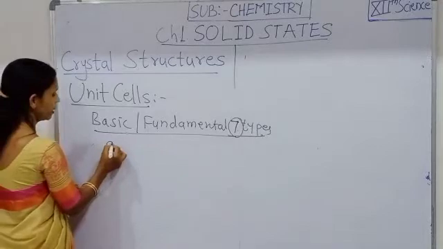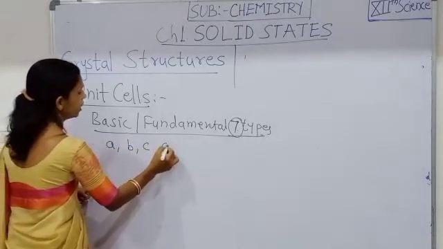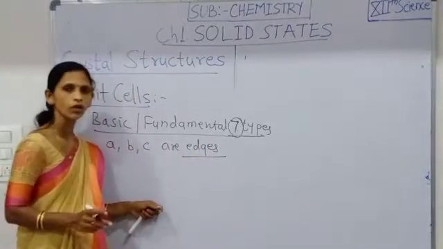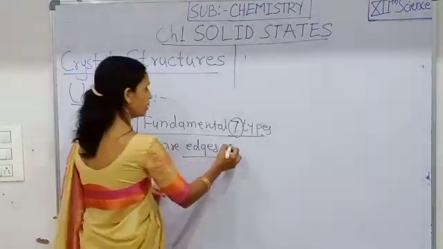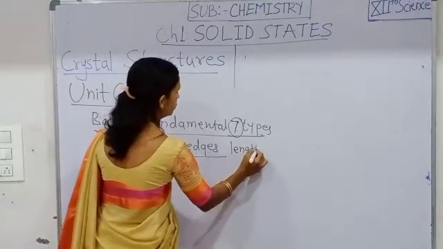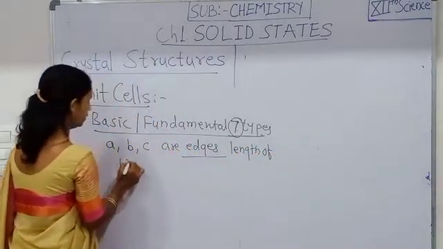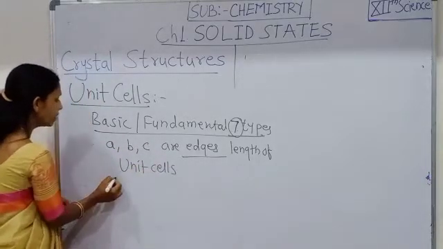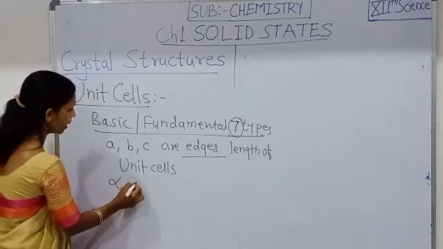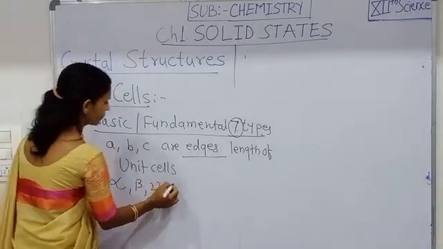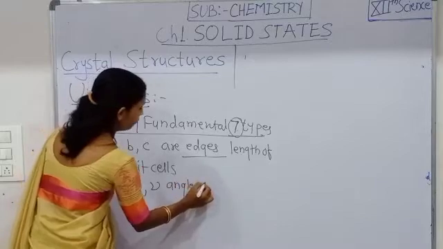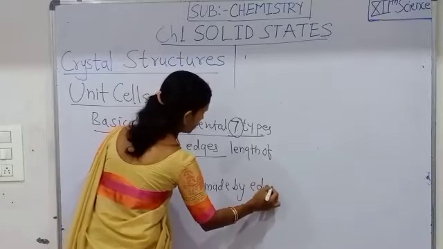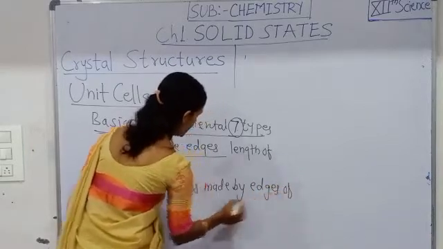See here, A, B, C are the edge lengths of the unit cell, and the angles alpha, beta and gamma are the angles made by those edges of the unit cell.